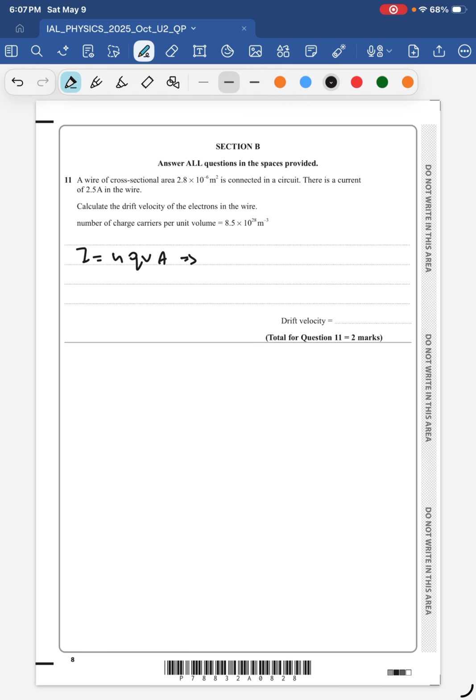nqvA. Okay, so the number of charge carriers times their charge times the drift velocity times the cross-sectional area. So v is I over nqA. Okay, so that's 2.5, and then we have 8.5 times 10 to the 28.